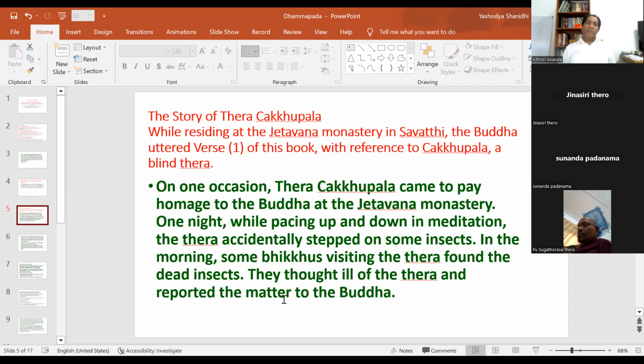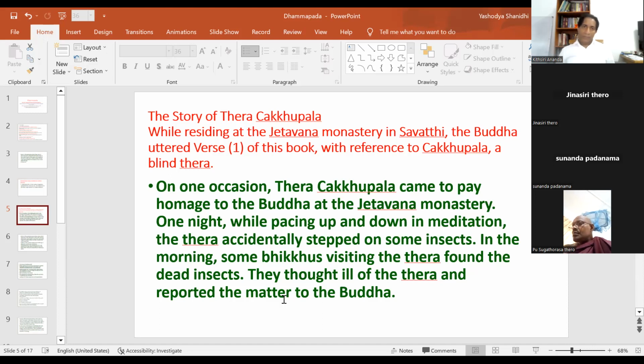And the story related with the Pali verse that we discussed. You know that Chakkhupala Thera wanted to pay homage to the Buddha. He wanted to pay his reverence to the Buddha. So once he visited Jetavanarama. I can't remember whether it was in the morning or at night.